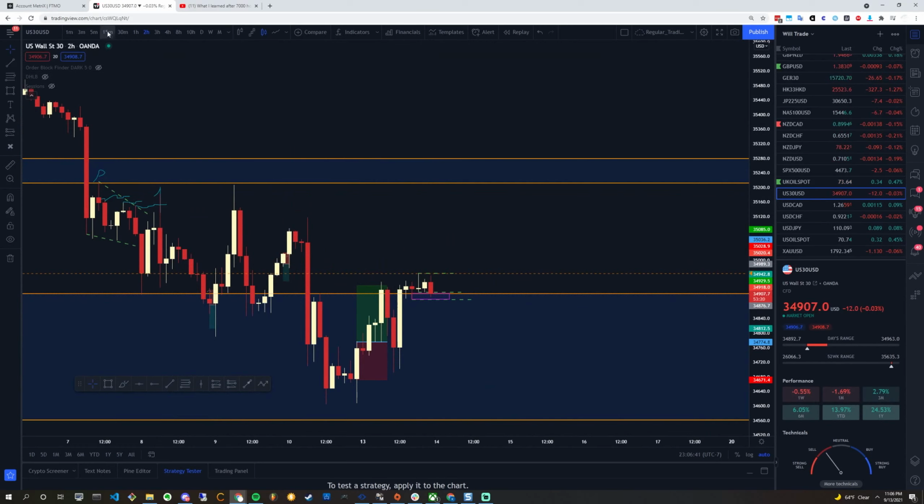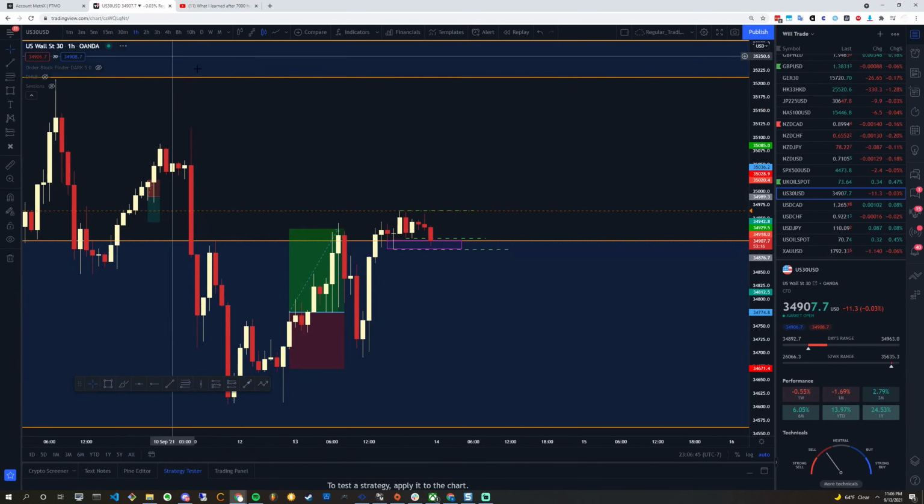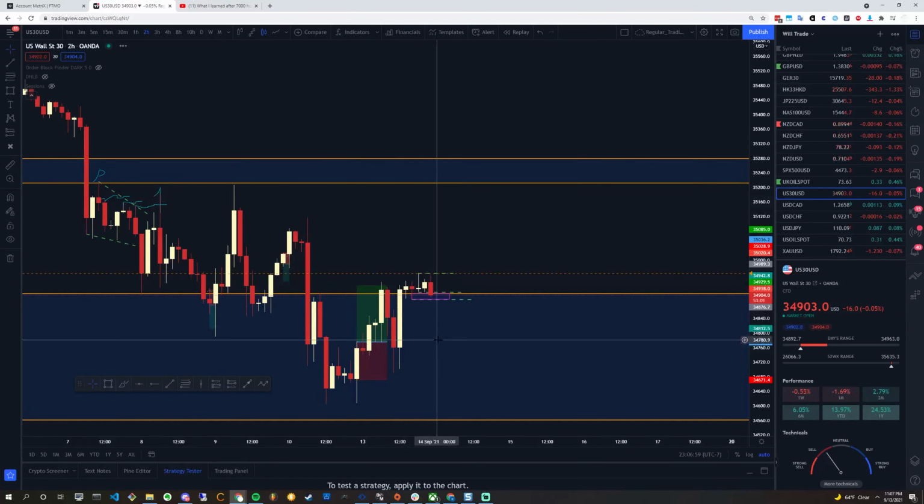On the 1 hour, right now without the candle closing, it hasn't broken this area, but on the 2 hour it's like an engulfing bearish candle.